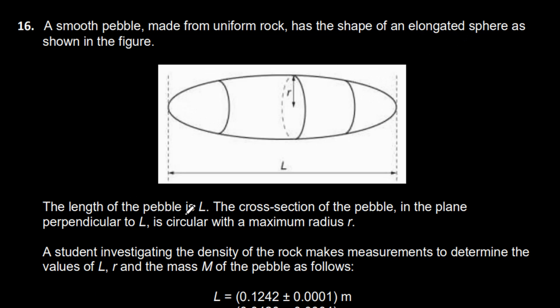It says the length of the pebble is L. The cross-section of the pebble in the plane perpendicular to L, so in the vertical plane, is circular, with a maximum radius of R. So the radius varies from place to place, and the maximum radius is R. A student investigating the density of the rock makes measurements to determine the values of L, R, and the mass M of the pebble.